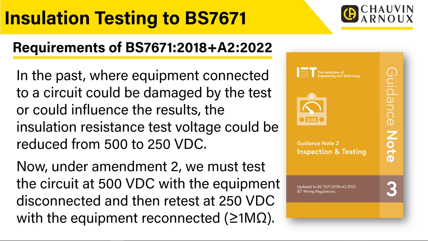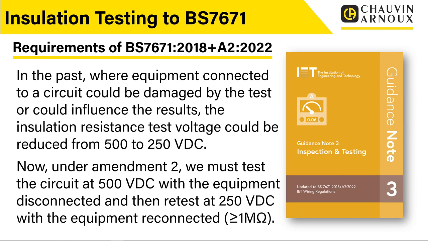So just be aware of that, because sometimes people believe because it was a 250 volt test that it only had to be 500,000 ohms, 0.5, whereas actually it always had to be 1, whether it was 500 or 250. The difference now is that we have to test at 500 with the equipment disconnected, and then 250 once the equipment's been reconnected. So there's a difference there. Disconnect the equipment 500 volts, connect the equipment 250.